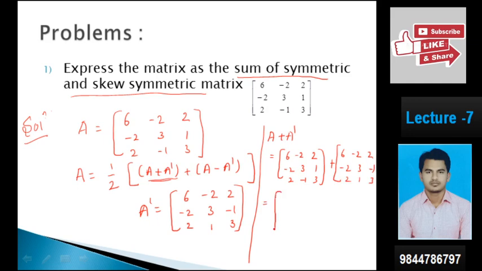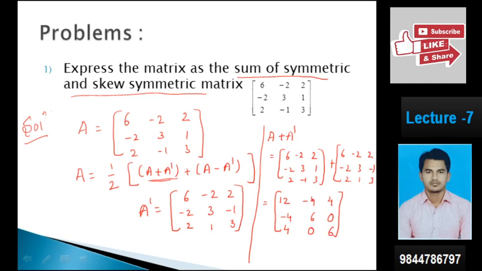What is the sum of these two? 6 plus 6 is 12, minus 4 and 4, minus 4, 6, 0, 2 plus 2 is 4, minus 1 plus 1 is 0, 3 plus 3 is 6.